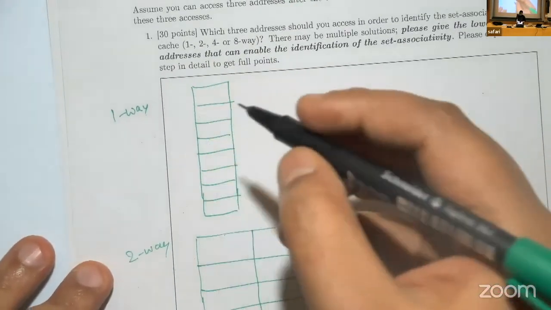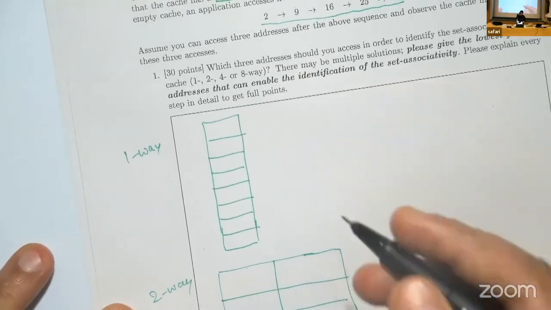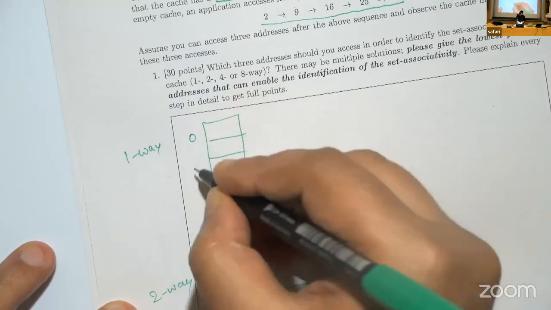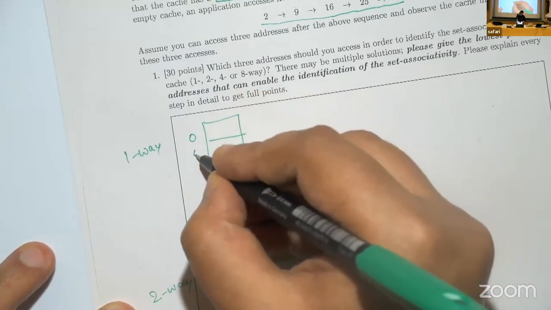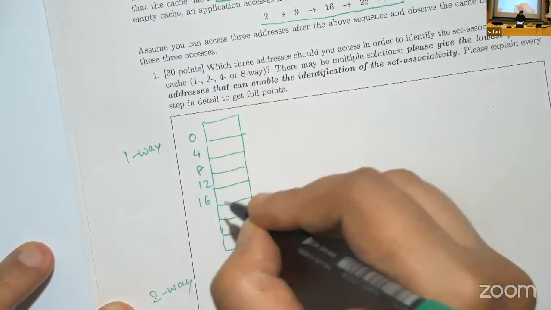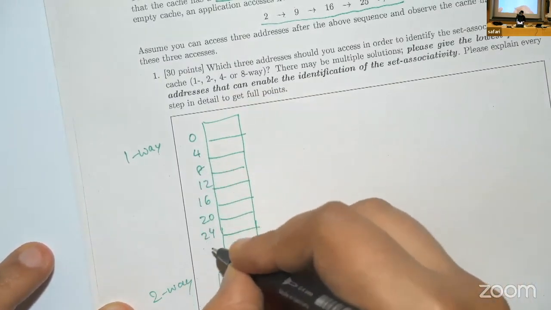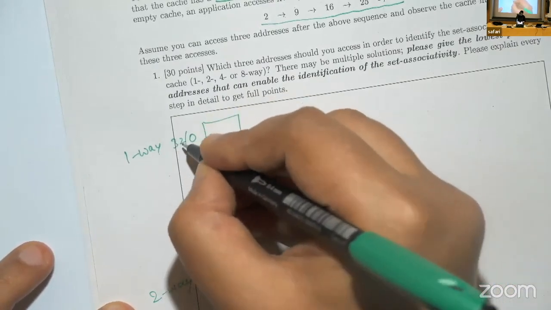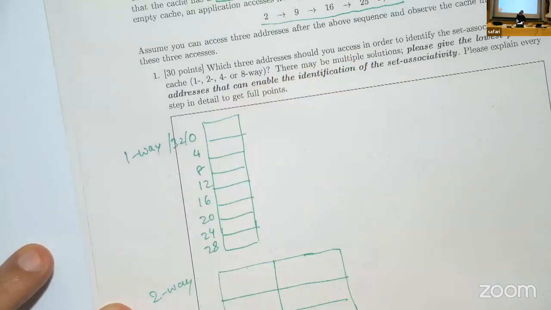Here I will represent each block with its starting byte address. So here you can store 0 to 3, 4 to 7, 8, 12, 16, 20, 24, 28, and then in the first one you could also store 32, and it goes like this.